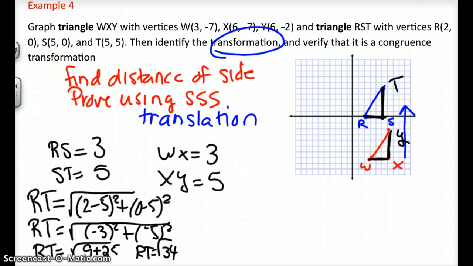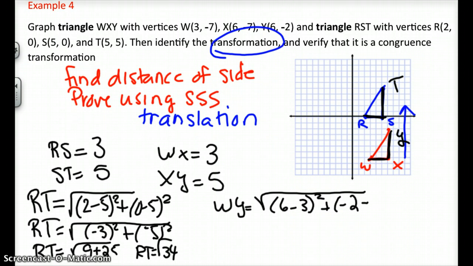All right, I'm moving on to WY. Same thing, I'm going to use my distance formula. So W, I have 6 minus 3 squared and a -2 minus -7 squared.